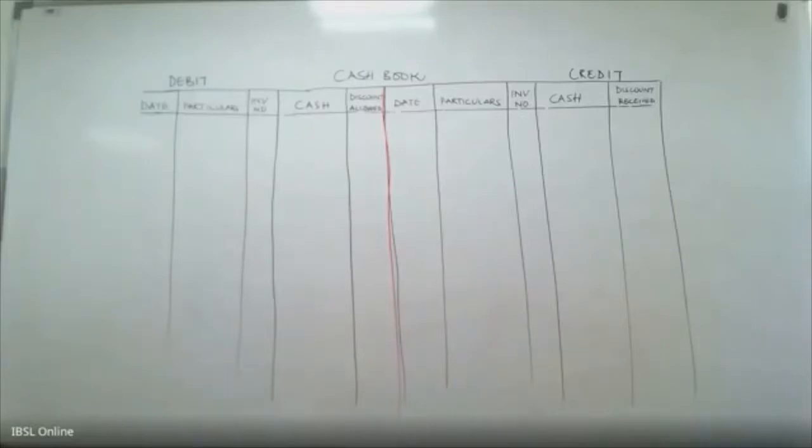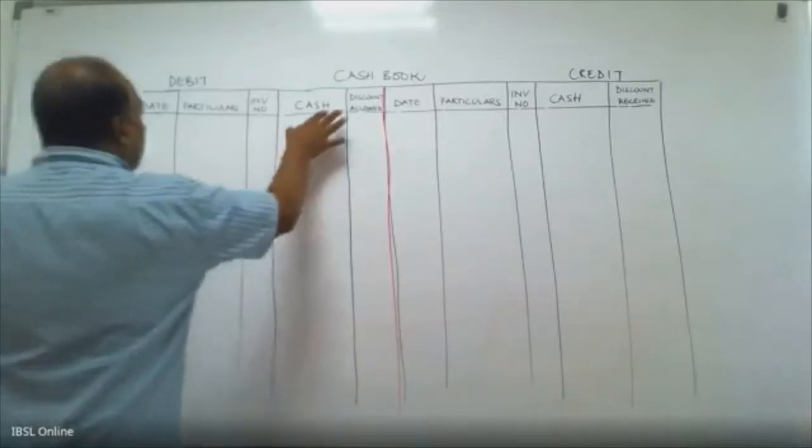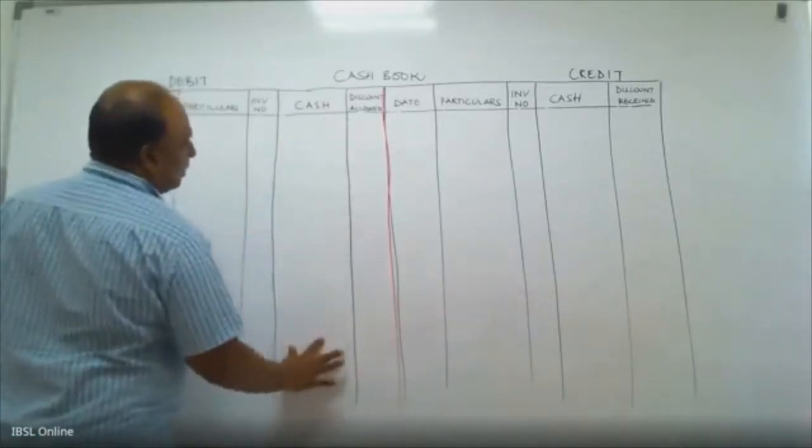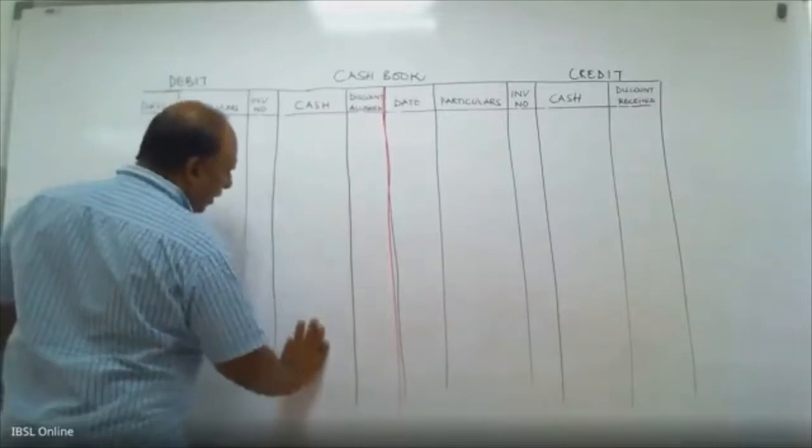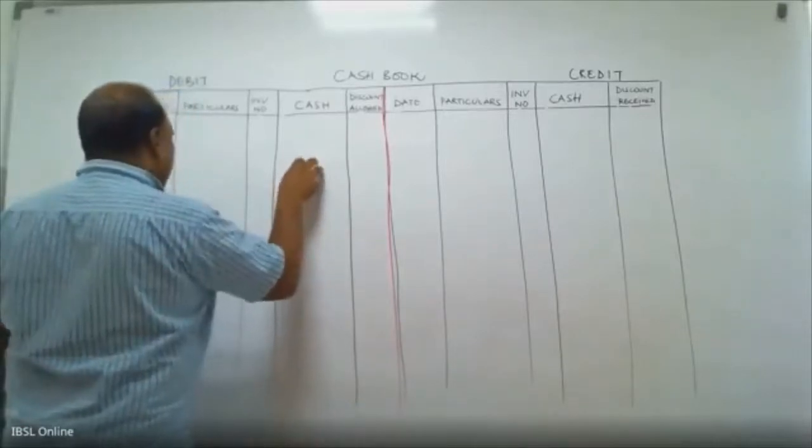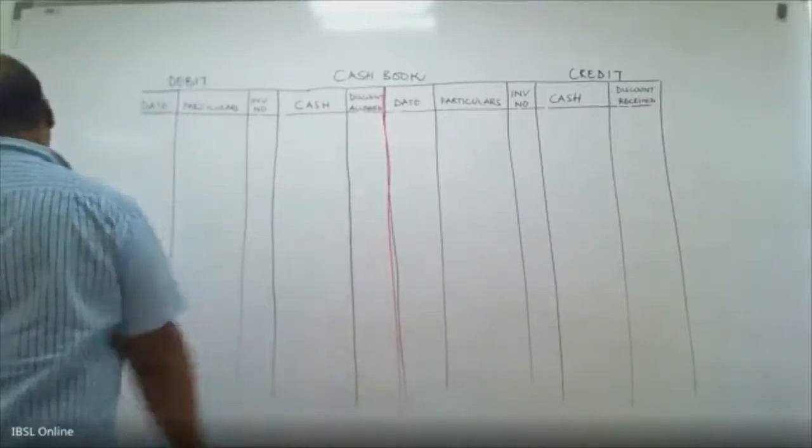So in companies, if they don't have a bank account, or if they don't want to use the bank account, similar to the cash book, they will only maintain one column. The single column will refer only to the physical cash.